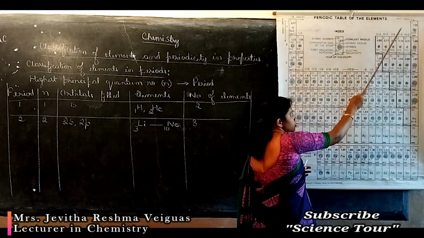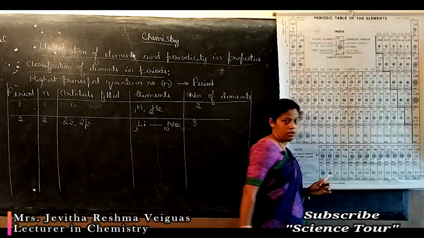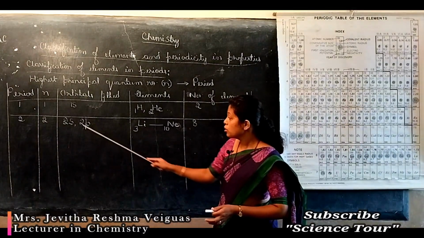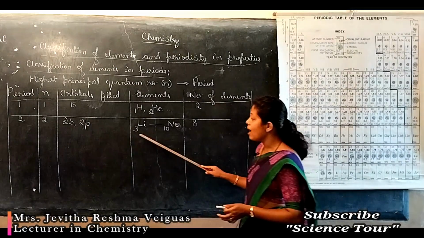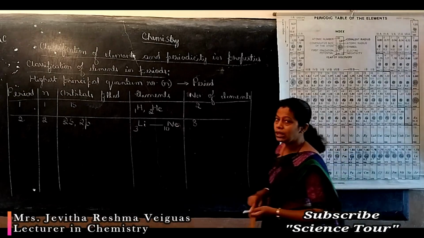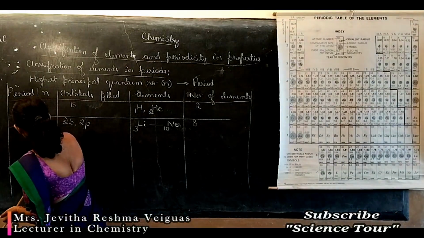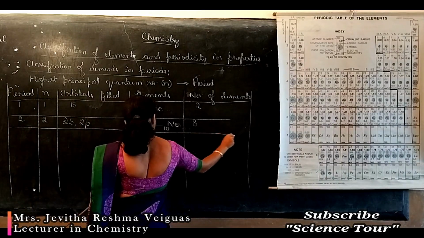Here 2s and 2p orbitals are successively filled. So totally we have 8 elements in period 2. Next let us learn about the third period.